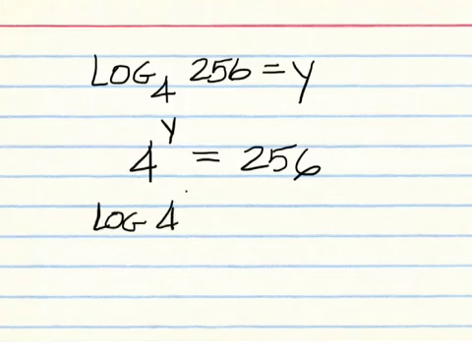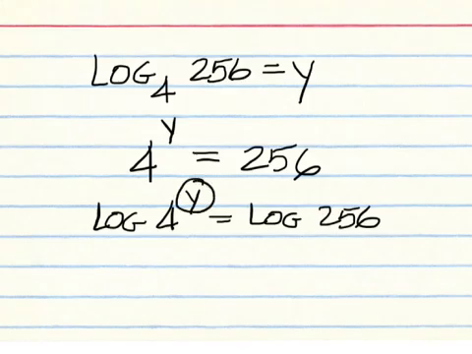Log 4 to the y power equals log 256. Simply take a log of both sides. And here's a rule of logarithms that's in addition to what I've already given you today: if you have an exponent, such as the y there, you can rewrite this with the y to the left of the log.